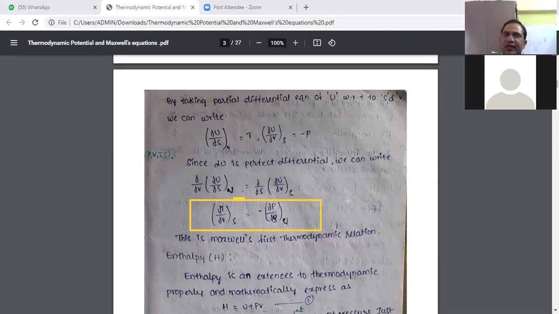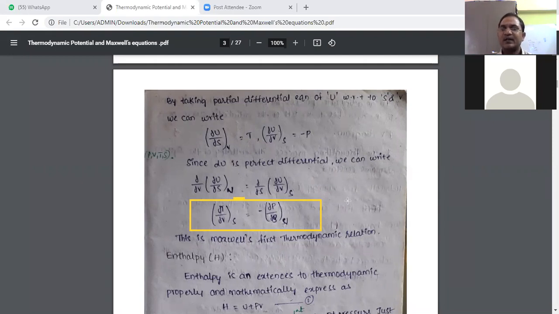Just simply take the first law of thermodynamics, dq equal to du plus dw, or dq equal to du plus pdv, equation 1. Next, take the mathematical expression of the second law of thermodynamics, dq equal to Tds, equation 2. Combining these two equations, we have written Tds is equal to du plus pdv.